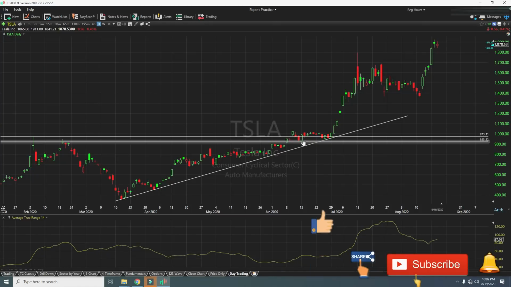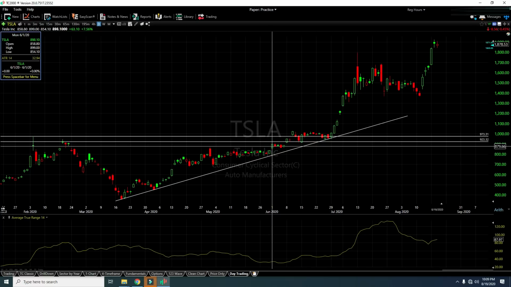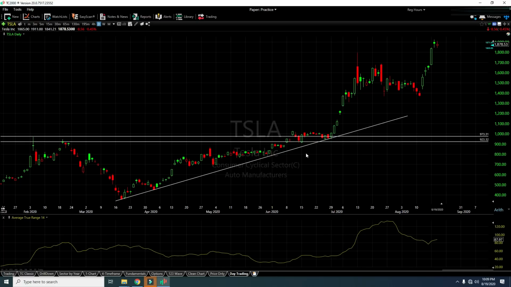And then your profit taking order would be around 950 because that's a price that has been respected in the last two tries. So the price comes to here. Have you noticed? It's struggling to break above this. From this day, which is June 1st to June 29th, almost 1 month price was trading in that area.